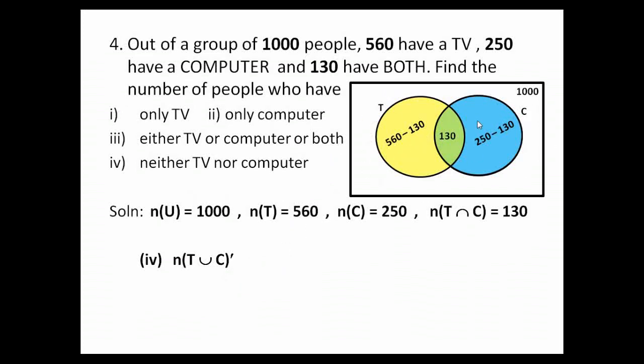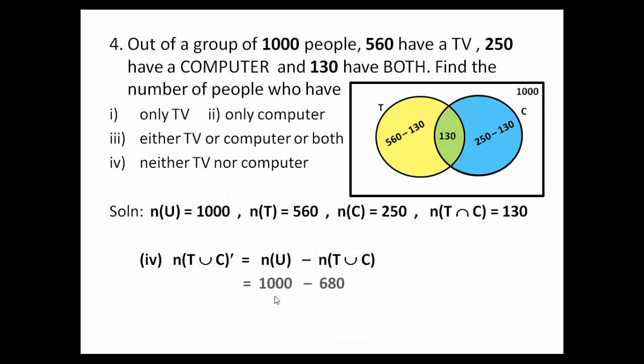We can subtract the union of these two sets from the universal set, isn't it? So we can say NU, the cardinal number of the universal set, minus the cardinal number of the union of those two sets. And we had found just now the cardinal number of the union of these two sets.